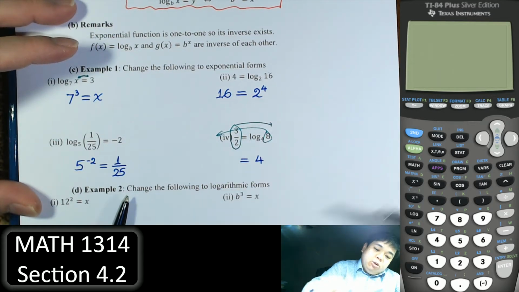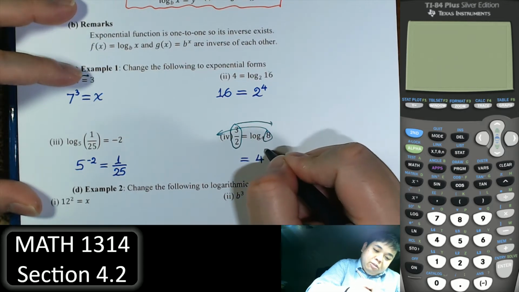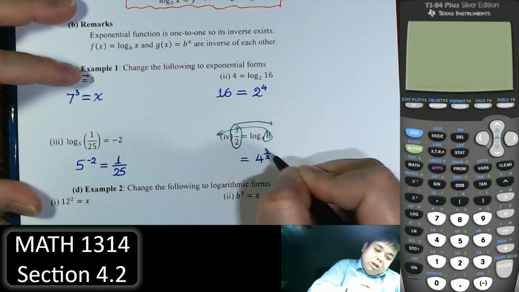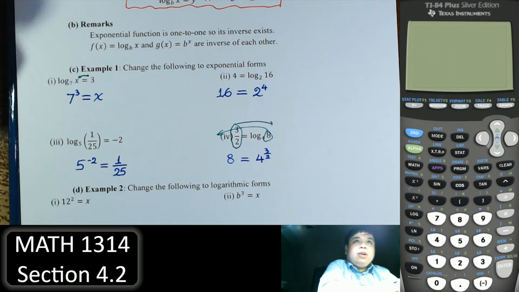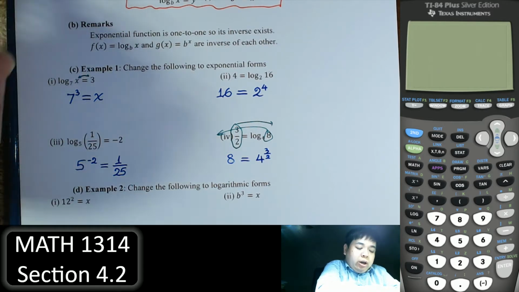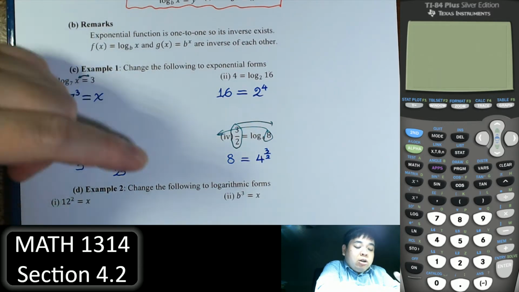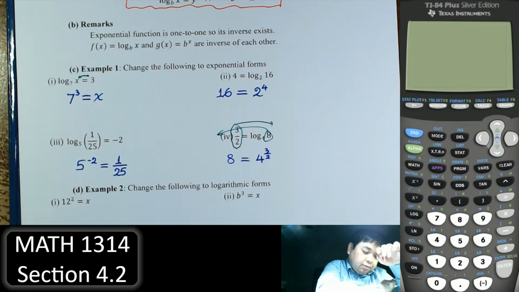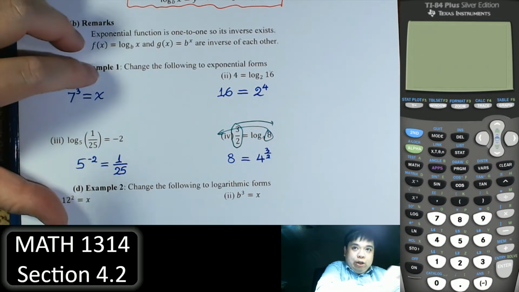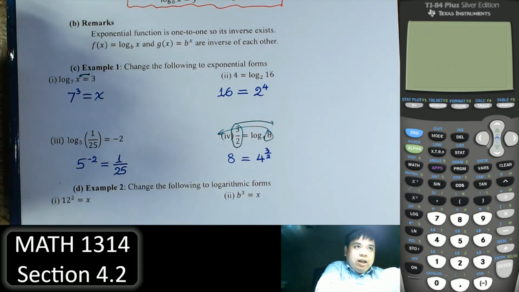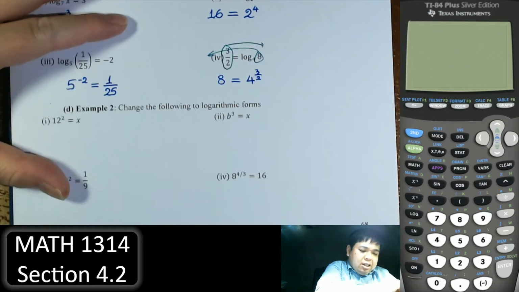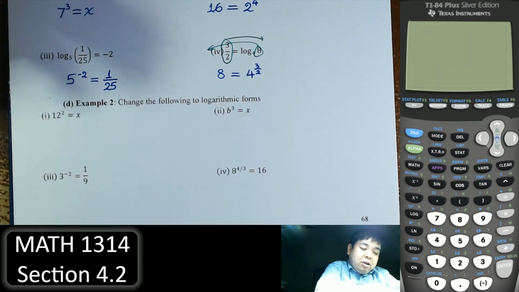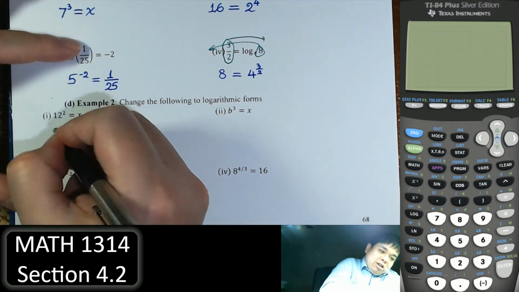The 3/2 goes to the other side, becomes the power, the exponent, and the 8. So that is where we change from logarithmic form to exponential form. It's easy enough. Equal sign stays, the base stays, and then swap. Same thing, I should say in the reverse order.